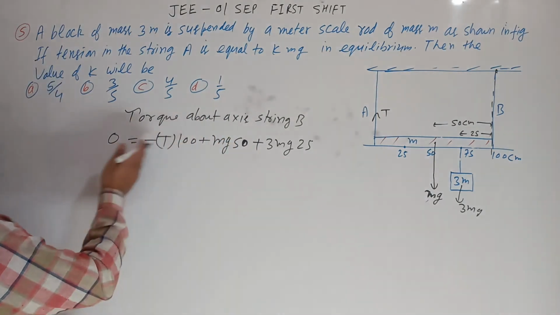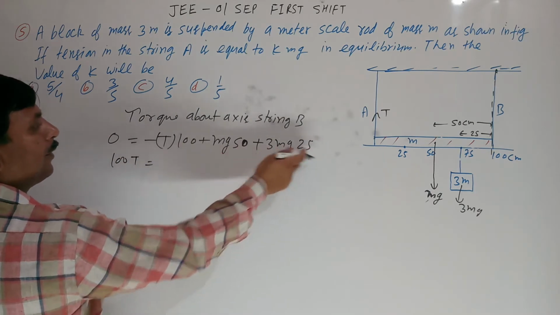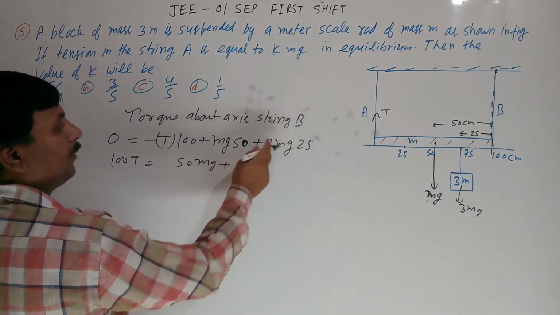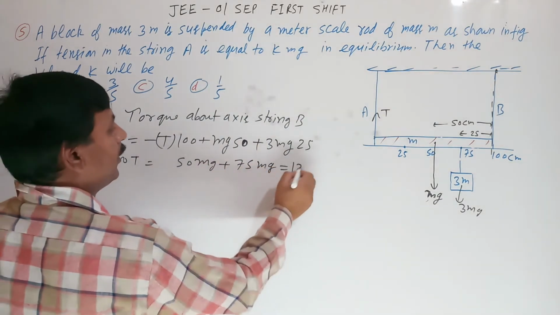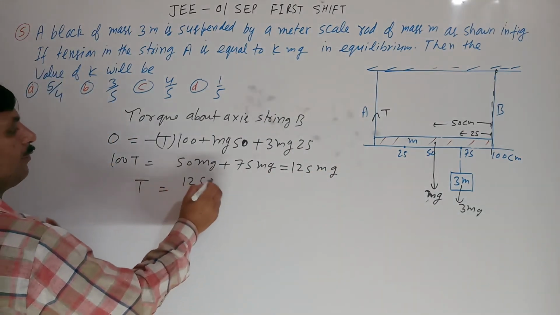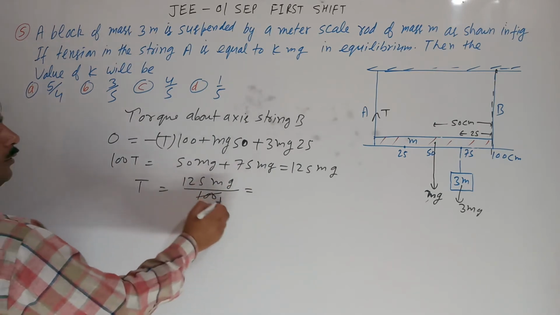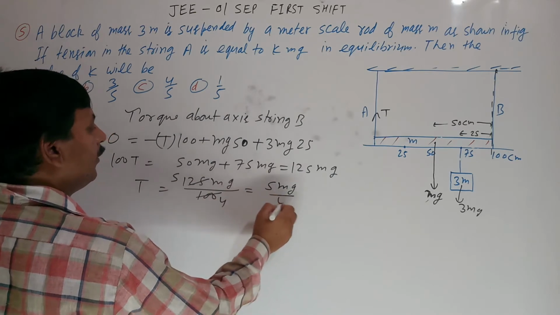So simply we can solve it. 100T is equal to 50mg plus 75mg, that is 125mg. So tension will be 125mg upon 100, which is 5mg upon 4.